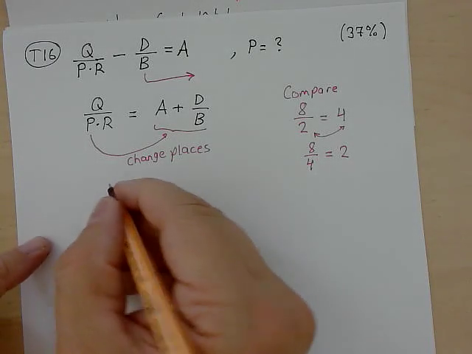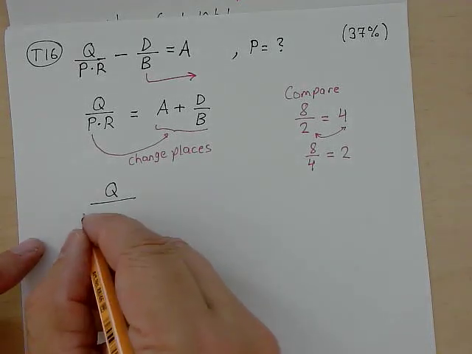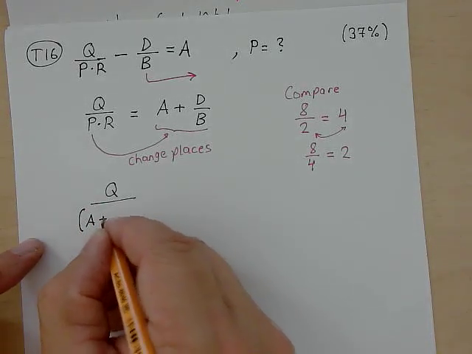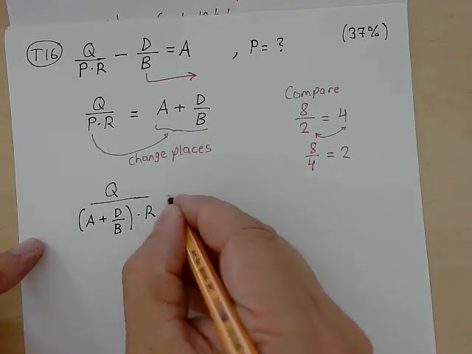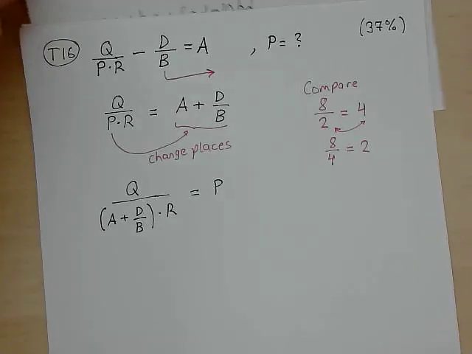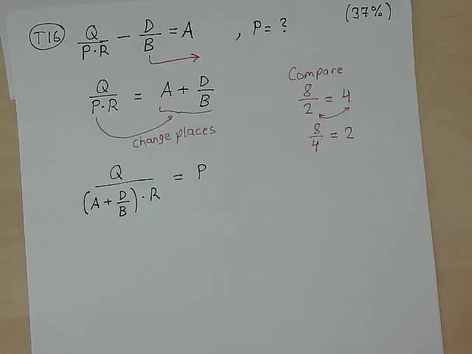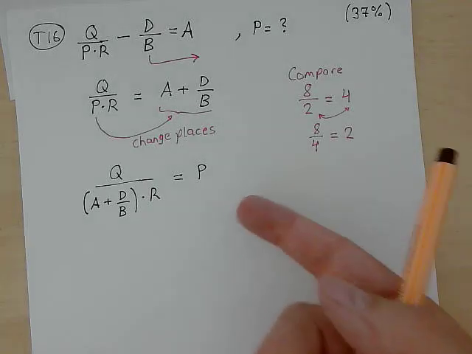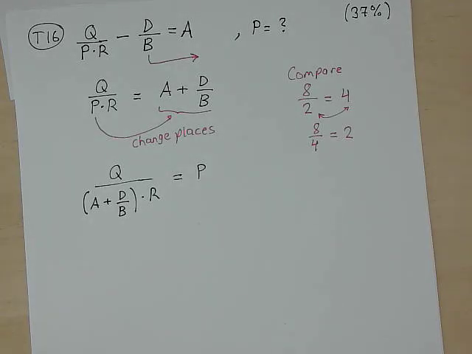So that means it will be q divided by, as you said, brackets or parentheses there, a plus d, divided by b times r, equals b. Well, now b is on the right hand side, but that is not a problem. We can read it from right to left, so b equals this, and so this problem has been solved. It is not necessary to multiply these.